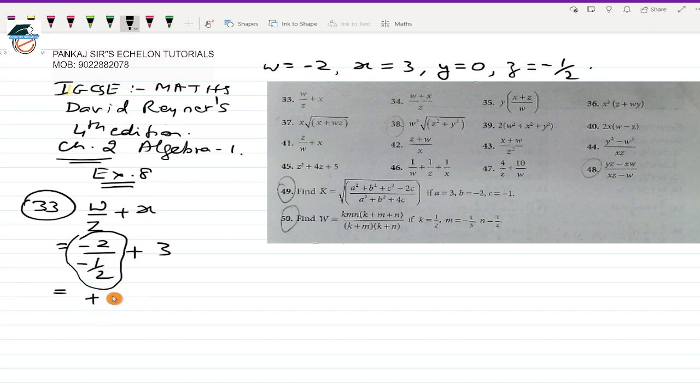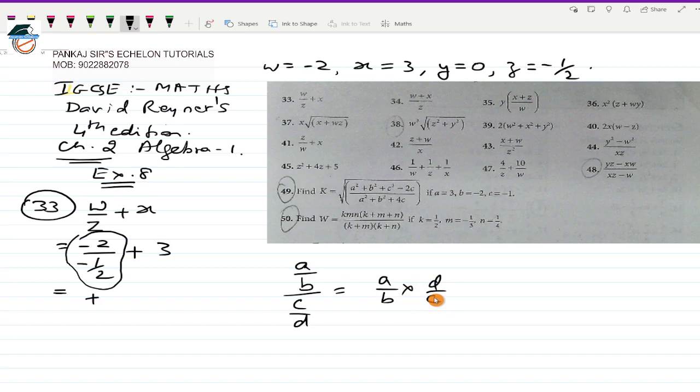Then I will use this property: a upon b divided by c upon d can be written as a upon b into d upon c.